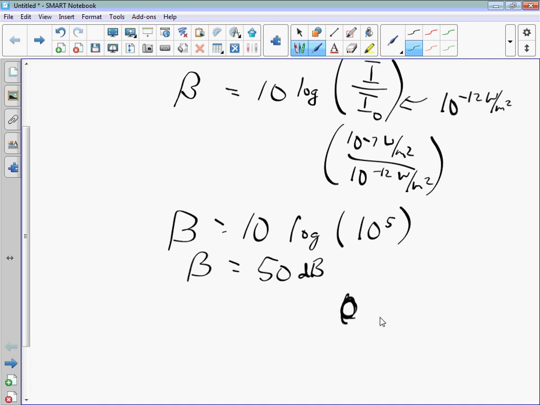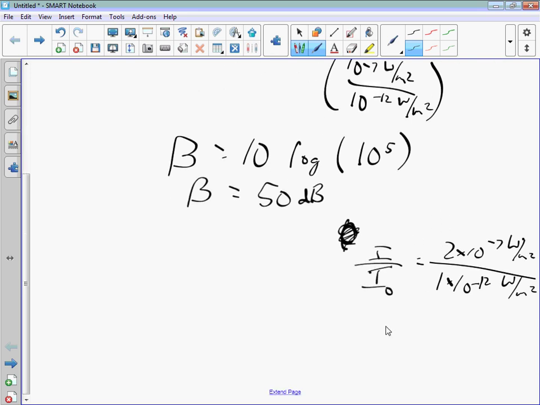So my I over I0 is going to be 2 times 10 to the negative 7th watts per meter squared over 1 times 10 to the negative 12th watts per meter squared.